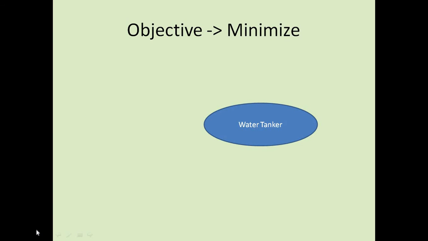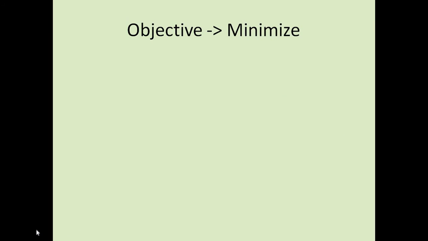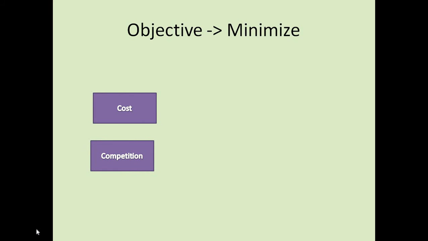So imagine a water tanker here. The objective is to minimize. There are two constraints here: cost, and the next one is competition.